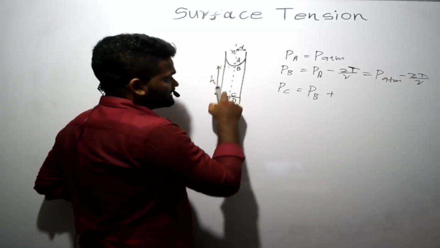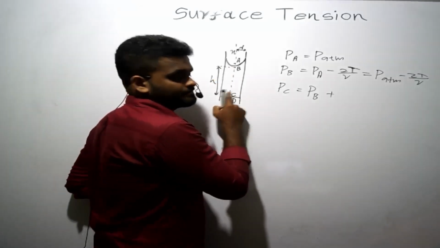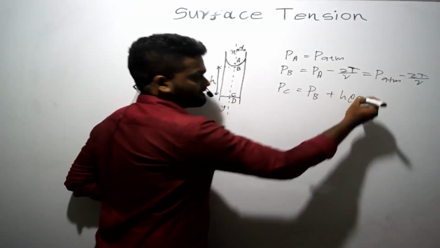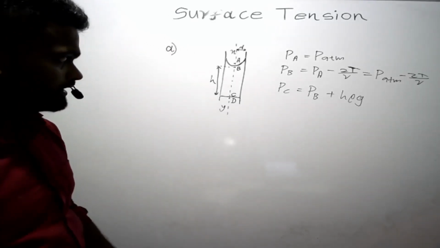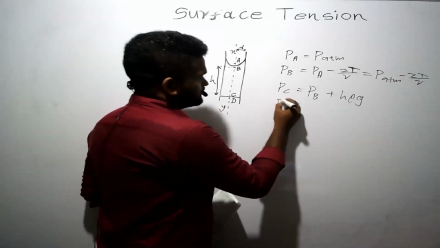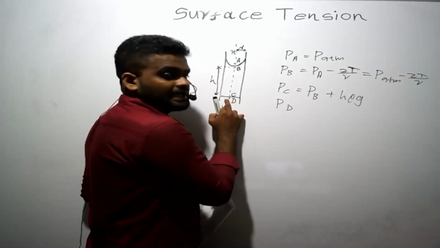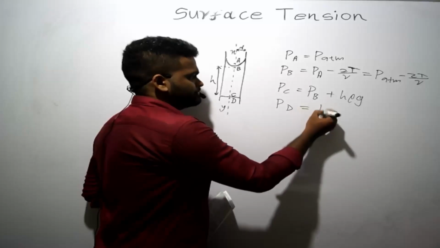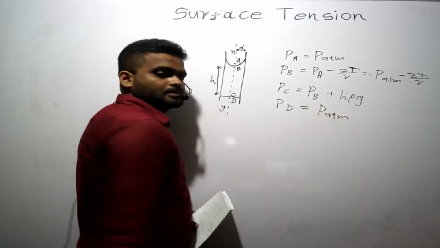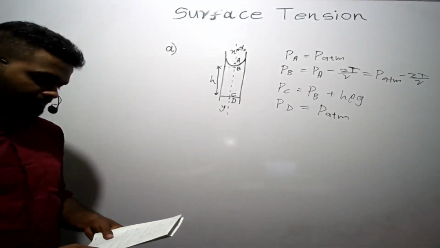So PB plus h rho g should be equal to PC. Got it? Then I'll write the pressure for D. It is open to the atmosphere, so PD is P_atm.